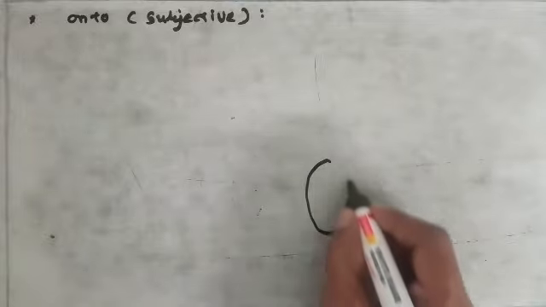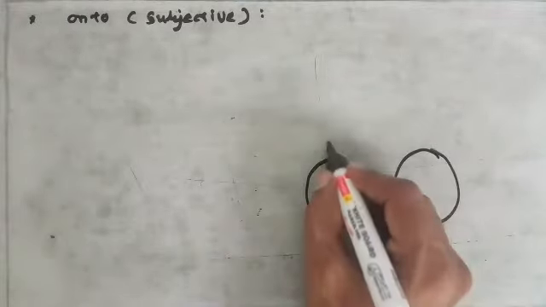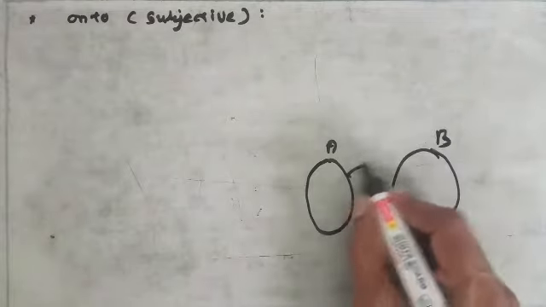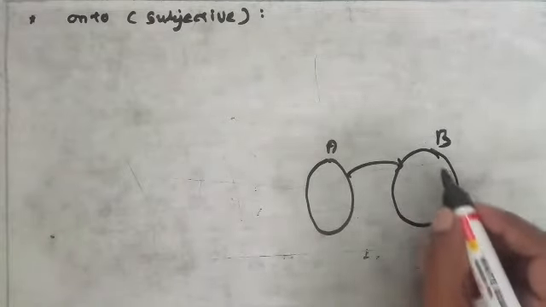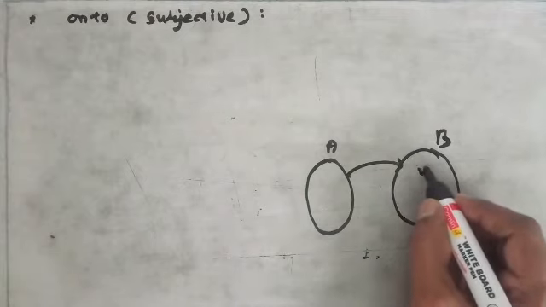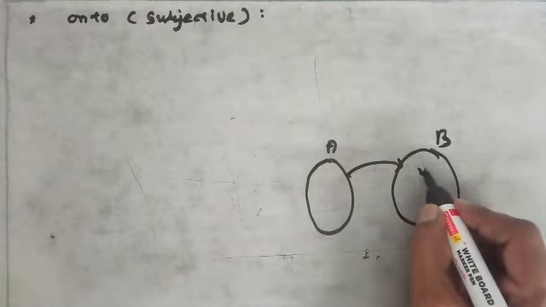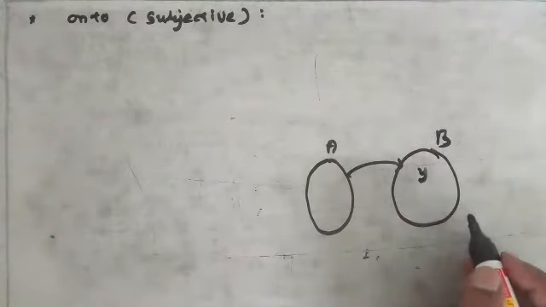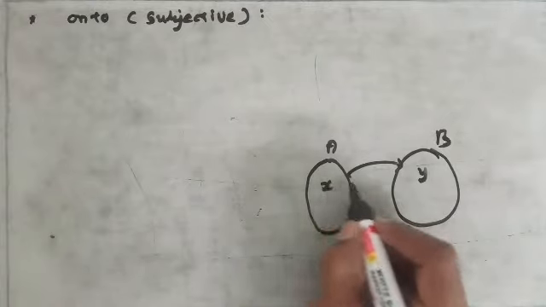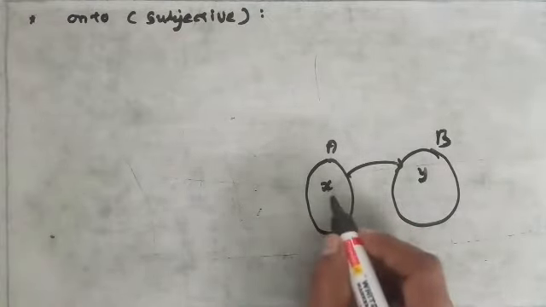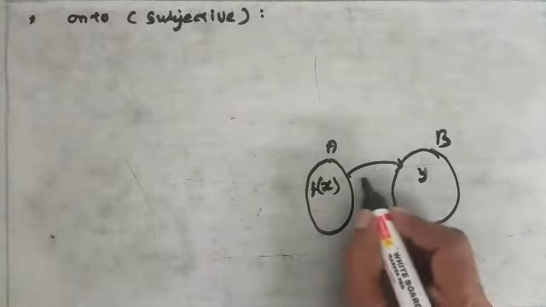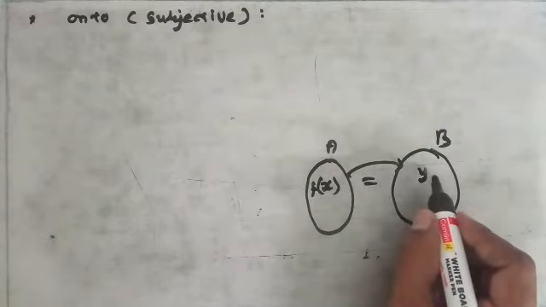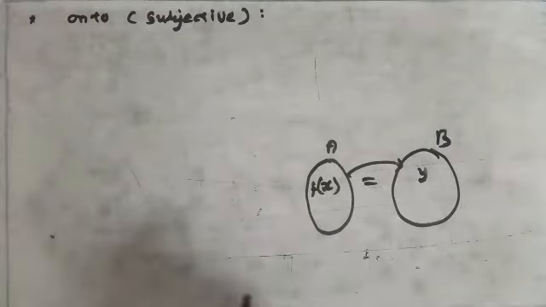We know that for a function f: A to B, if every element of B, that is every element y of B, there exists x belongs to A, such that f(x) is equal to y, then the given function is said to be onto function or surjective function.